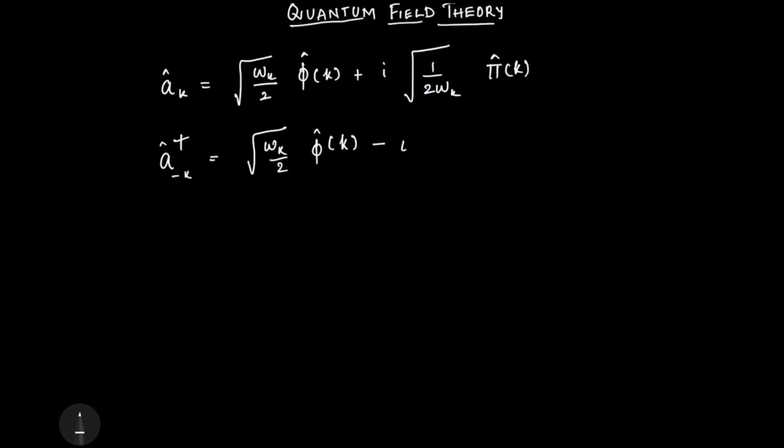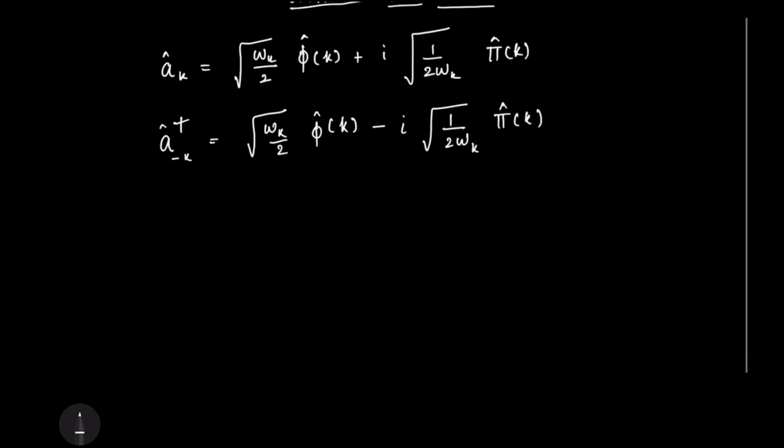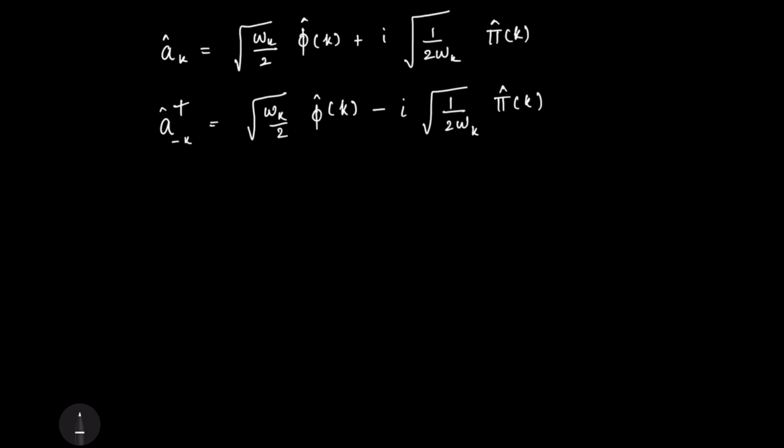minus i root of 1 by 2 omega_k pi(k). And we have also obtained the commutators between the fields.